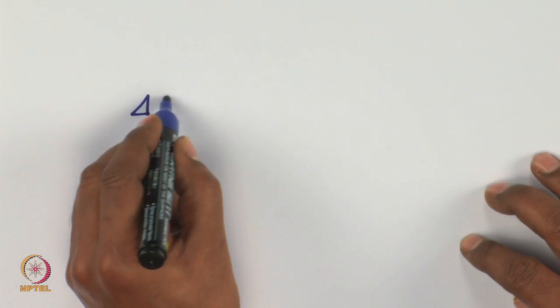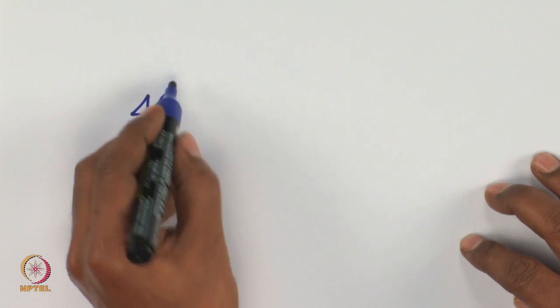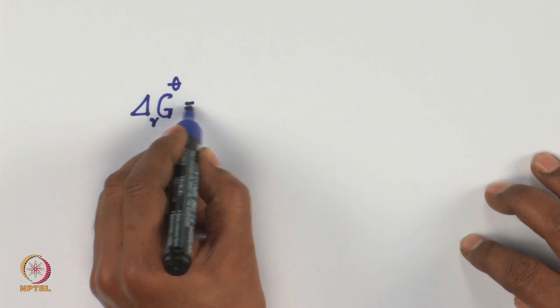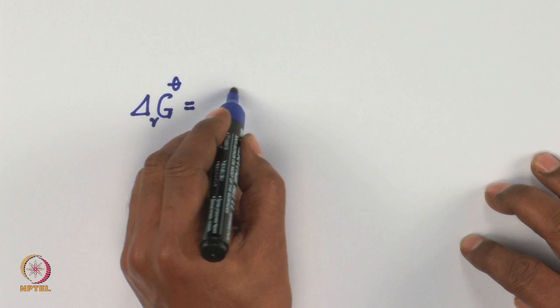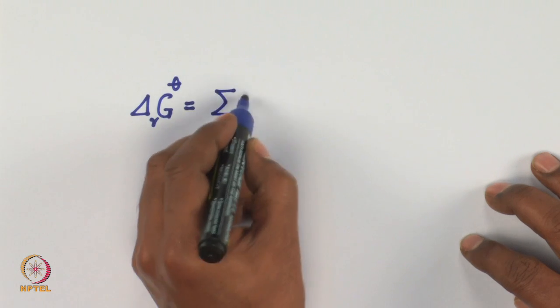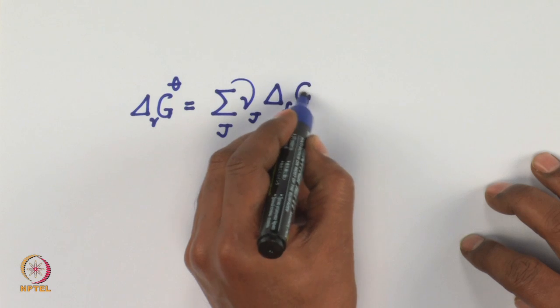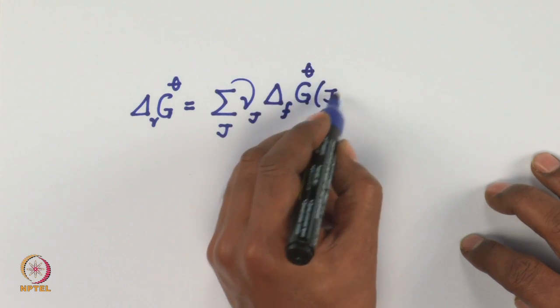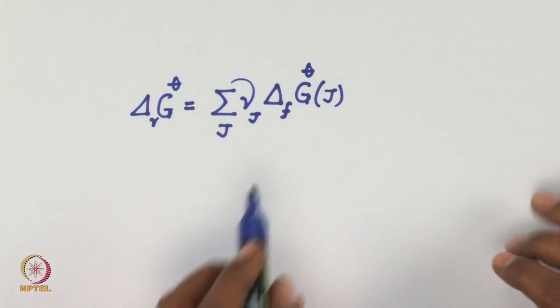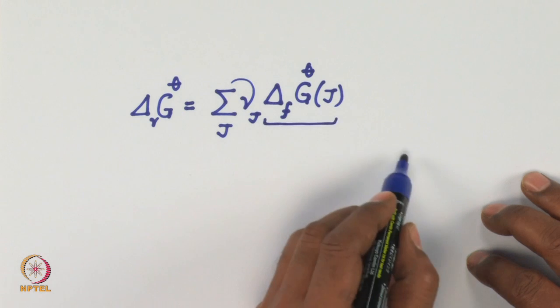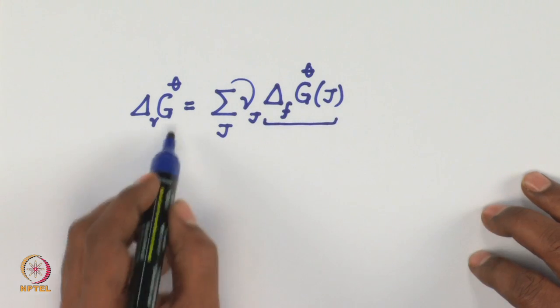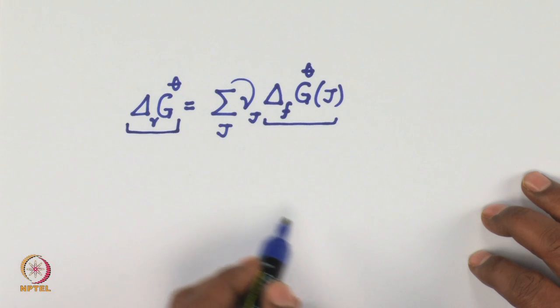So, remember that we have earlier discussed that the change in reaction Gibbs energy can be calculated from summation j nu j delta f G j, where f is formation. If I have the information on free energy of formation of reactants and products, I can immediately calculate the free energy change for the reaction.